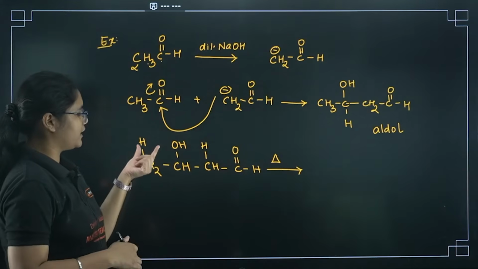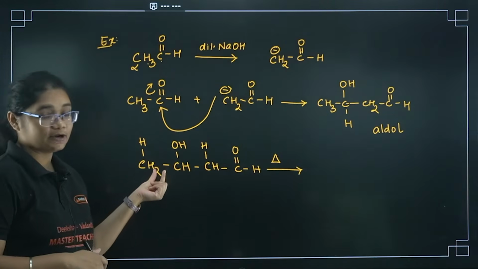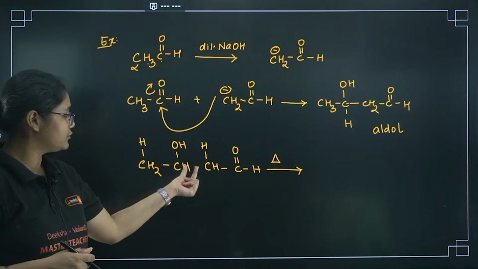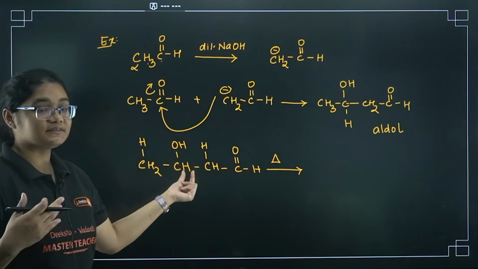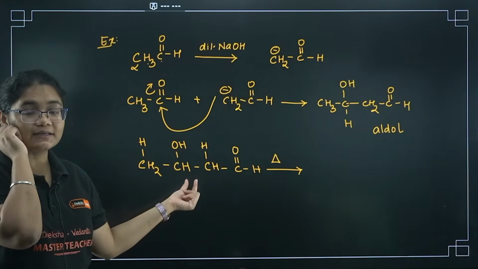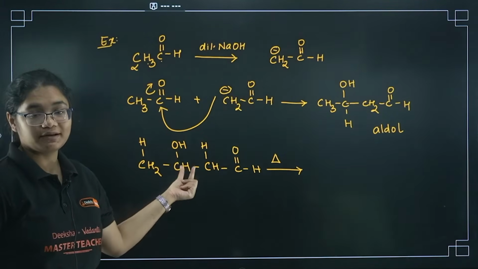So you can have OH and H eliminated from here, the alkene can form here also, alkene can form here also, but according to the Saytzeff rule, the more stable alkene or more substituted alkene is stable, so that is why here we will have the double bond.